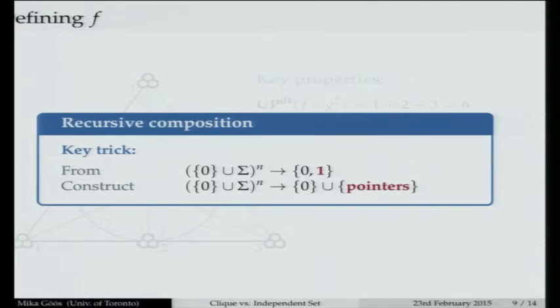So there is this additional step where you need to convert a function where you assume 1s are easy to certify, 0s are hard, and convert that into a function where you have a whole set of easy to certify values, but 0 still stays hard. So I'm just going to leave this for the interested reader to look up.